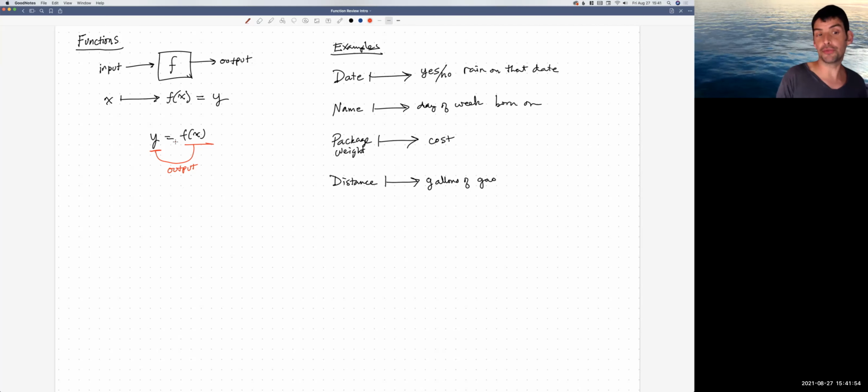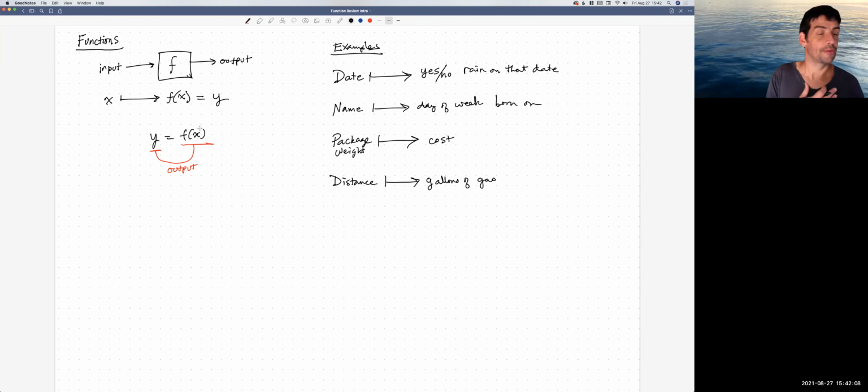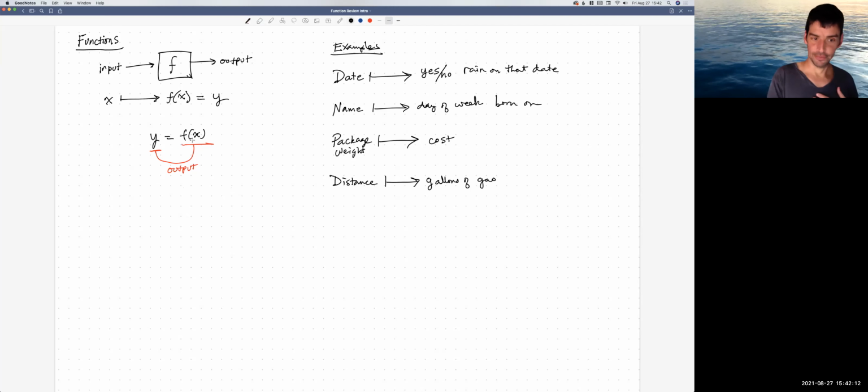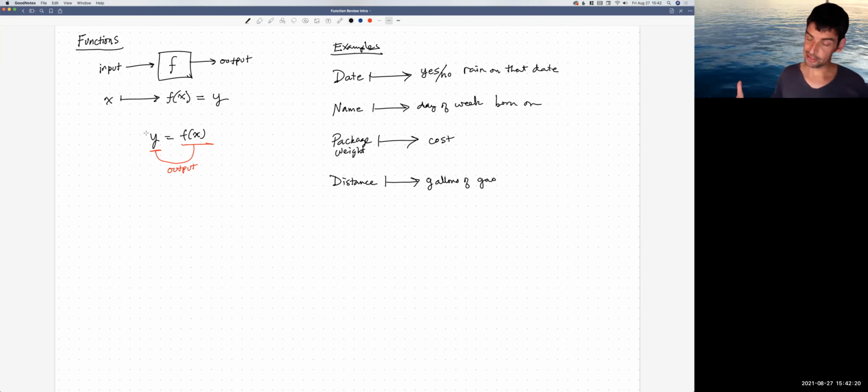So in this case, we're using both the symbol F of X, this entire collection, the F with the parentheses and the X in the middle, that whole thing is one way to represent the output, or we might just represent it with a new letter, okay? Sometimes you'll see people use the letter Y for both the output and the name of the function if they want it to be a little more consistent.